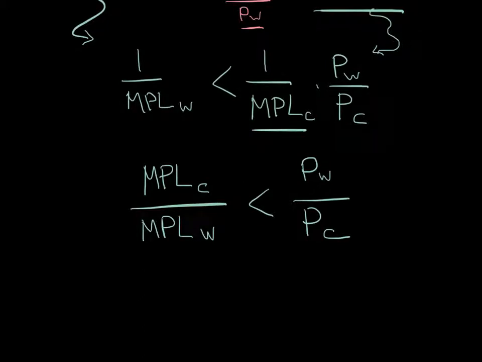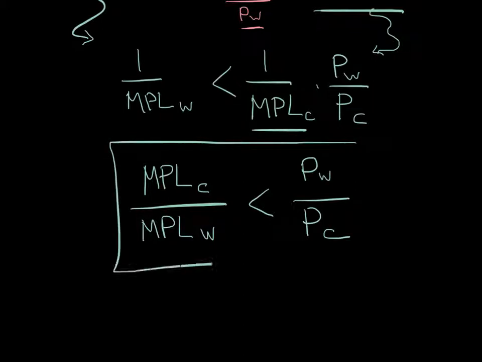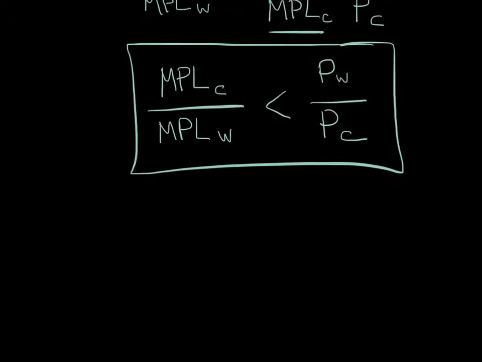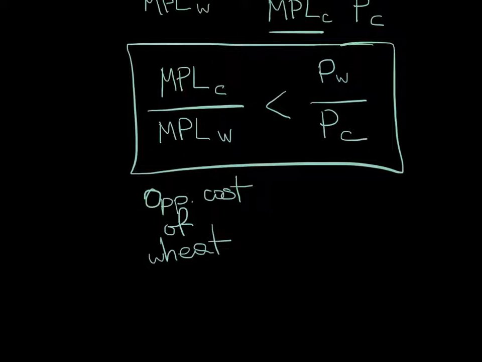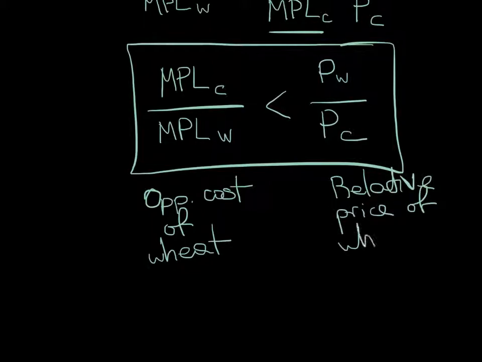This inequality has a very intuitive interpretation. Notice this term here on the left is simply the opportunity cost of wheat. What about the term on the right? That's just the relative price of wheat in the world markets.